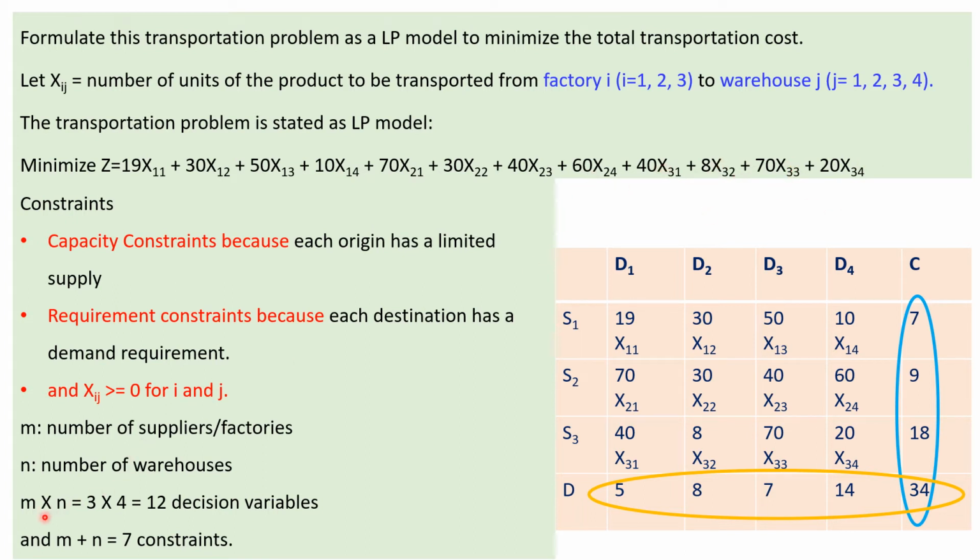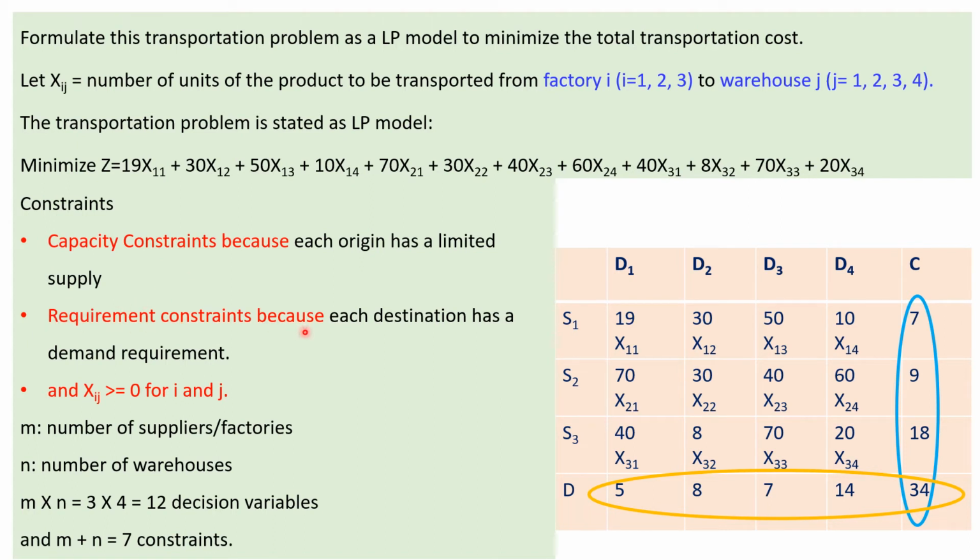And we have 7 constraints, M plus N, where M represents suppliers and N represents warehouses. M plus N equals 7. So we have 7 constraints, with 3 capacity constraints and 4 requirement constraints.